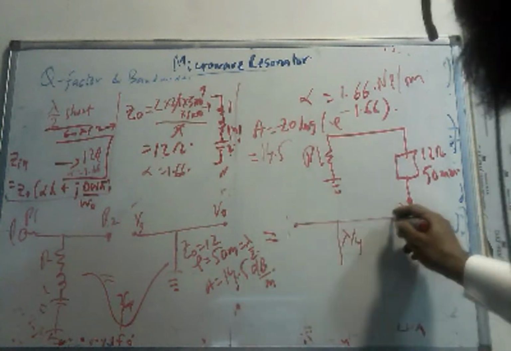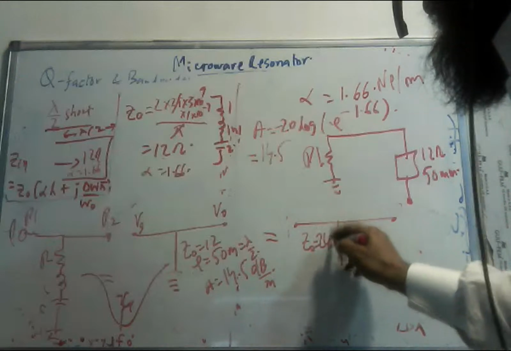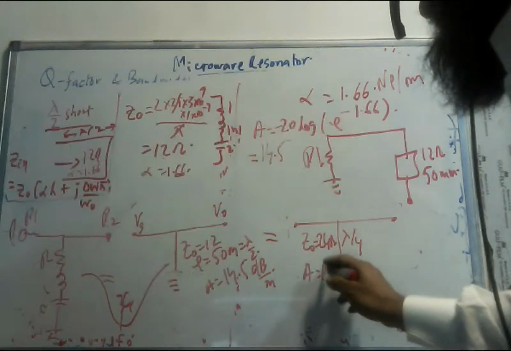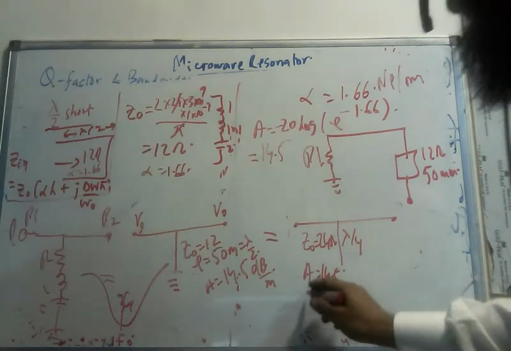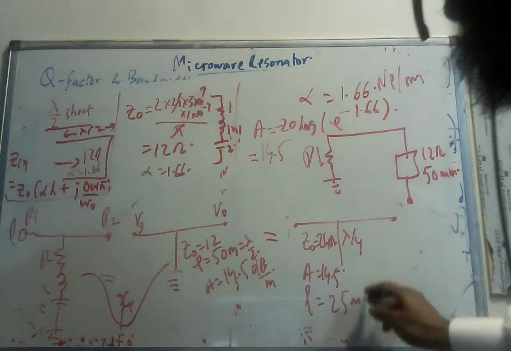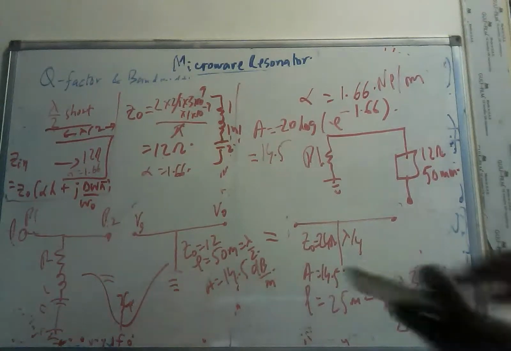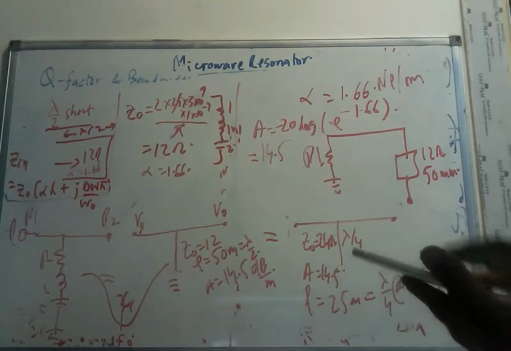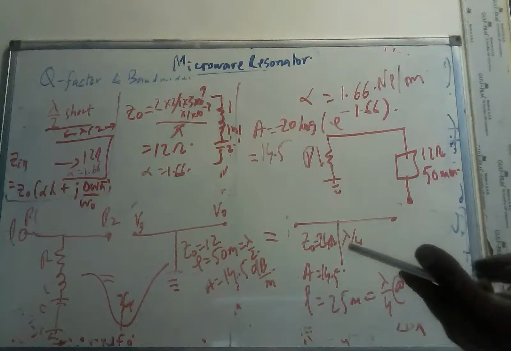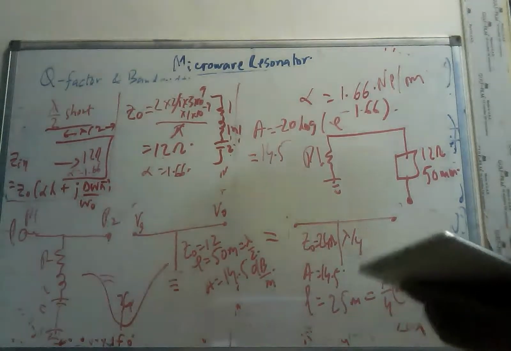This is exactly equal to an open circuit, but with the impedance of 24 ohm, and A is the same, 14.5. But the length is half of it, so it is 25 meter, which is equal to lambda by 4. So you can look at both of the circuits, lambda by 2 and lambda by 4, and I have the same results because those two circuits are actually equal.